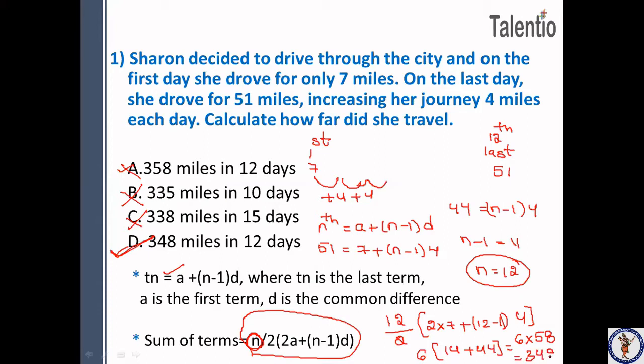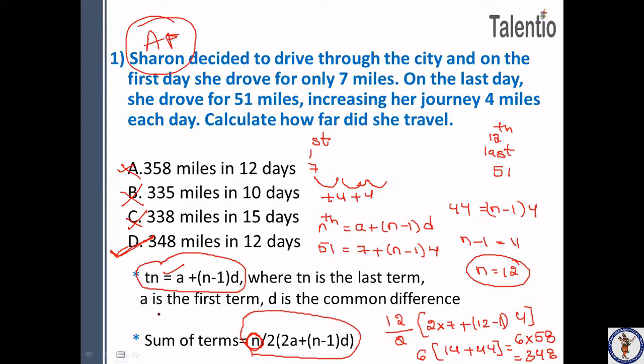Clear? The question is given in a story format, but it is a very easy question, simple arithmetic progression. That's all. Remember these two formulas are very important for arithmetic progression. Each and every day I'm discussing at least one question from arithmetic progression. That means this topic is very important for the exam.